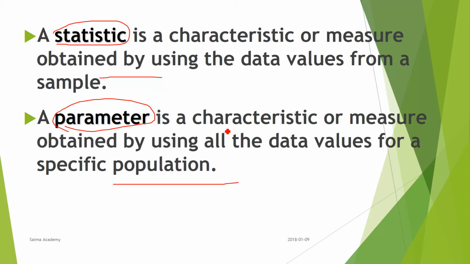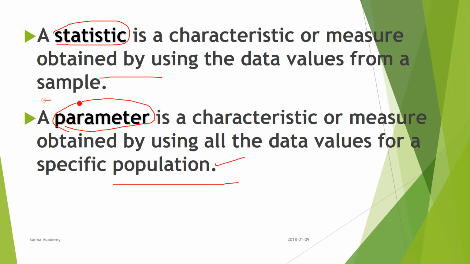Suppose you have 100 students in your class and you are going to take the survey or do the teacher's evaluation, and you are considering each and every student, 100 students are participating in the survey, so this is called the population. Each and every student has equal opportunity to participate. You can take the example of a census. When the countries do census, they count each and every person. That is called the population.